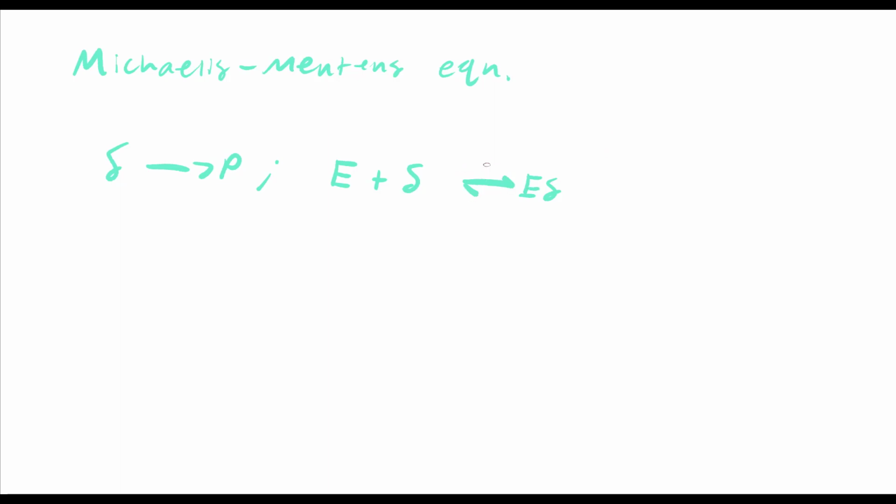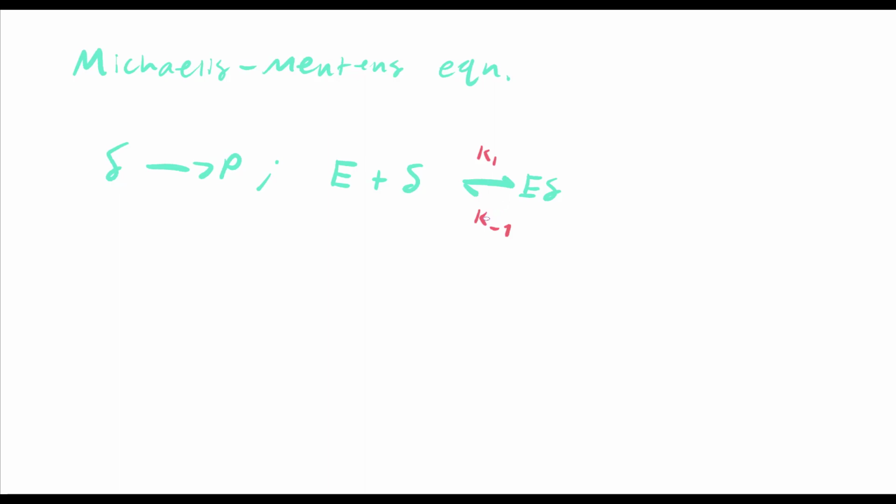So on the top part, you can call this right here K1, okay? And this one could be K-1. So what does that mean? Well, K1 and K-1, those are just rate constants. So how fast does the formation of the ES complex form?